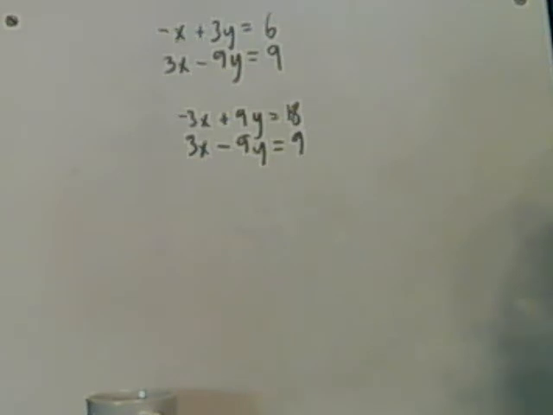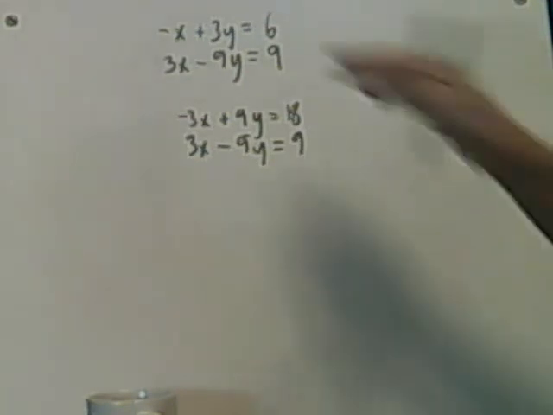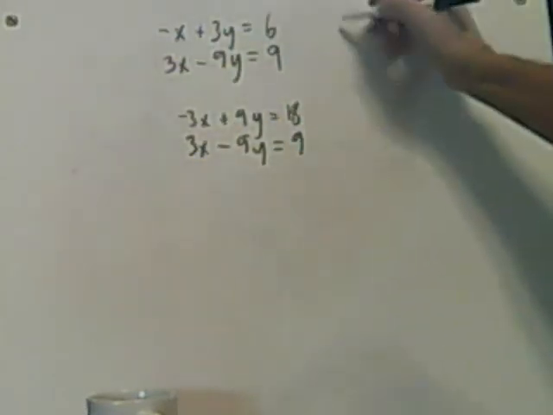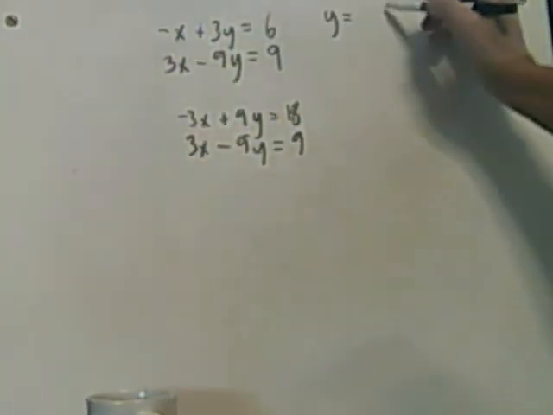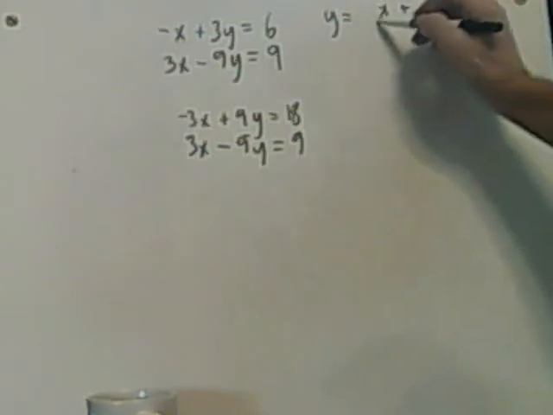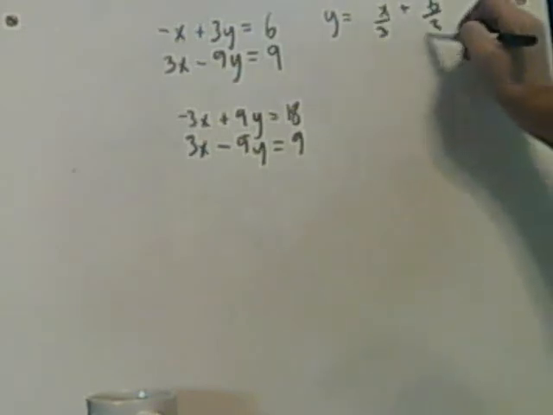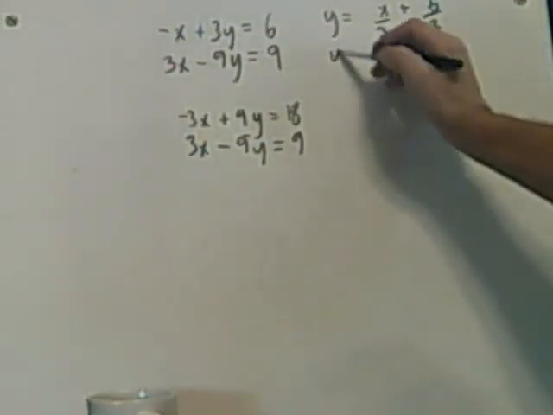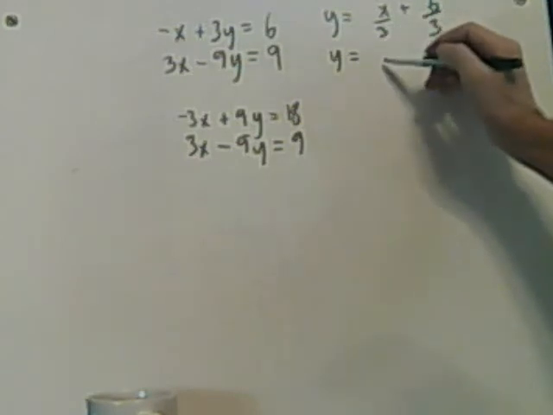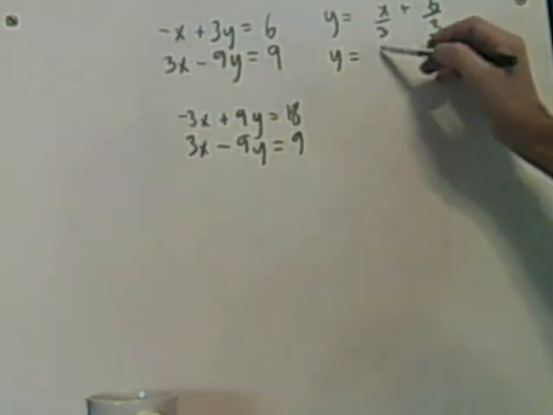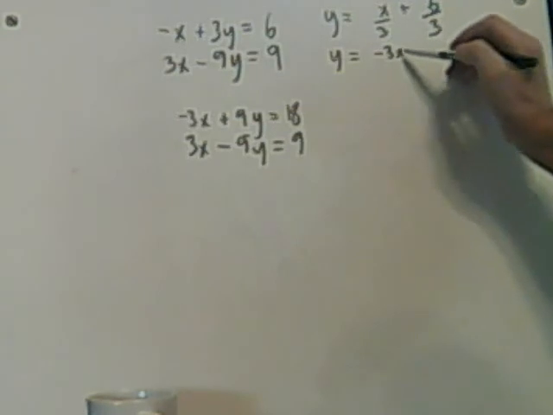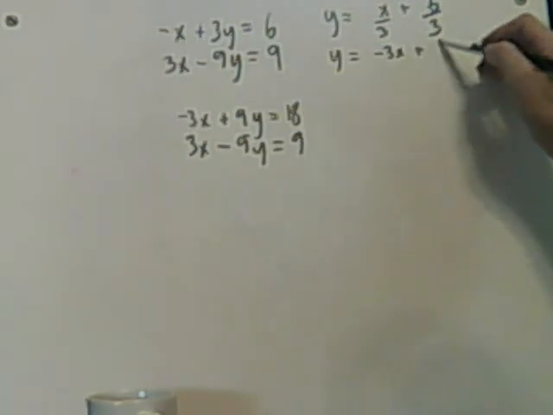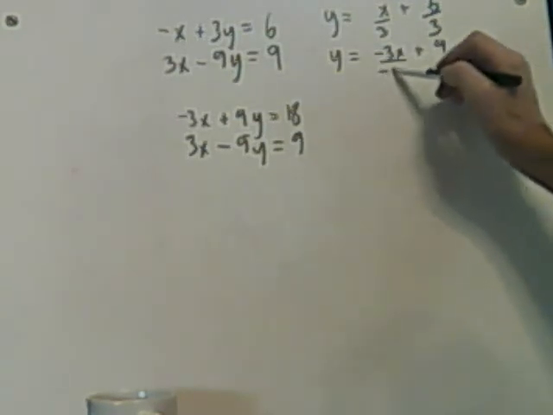So if we look at the slope of the first one by solving for y, we'll get y is equal to (x plus 6) divided by 3. If we solve the second one for y, we're going to get y is equal to (negative 3x plus 9) divided by negative 9.